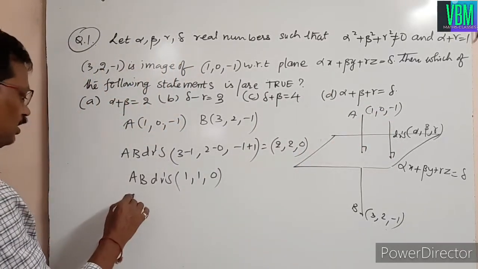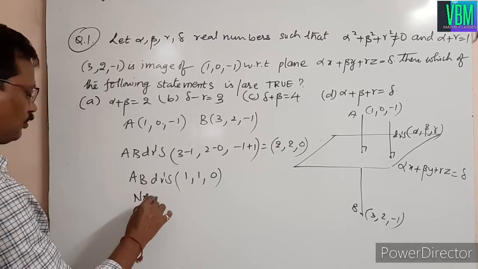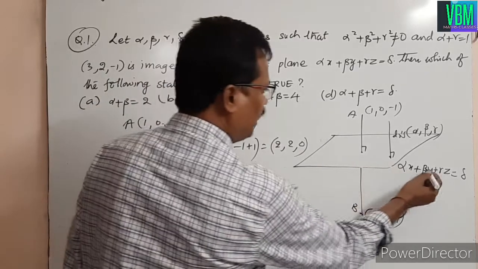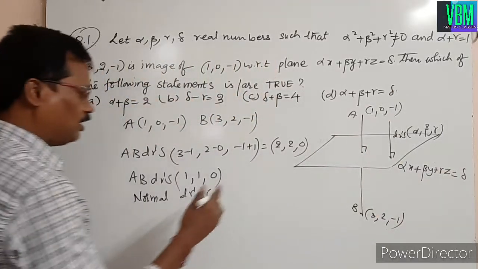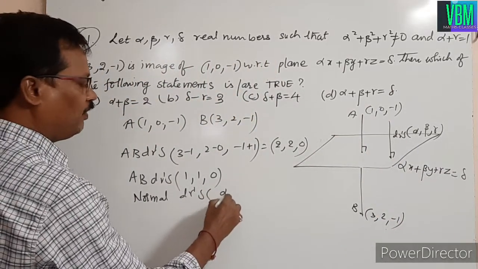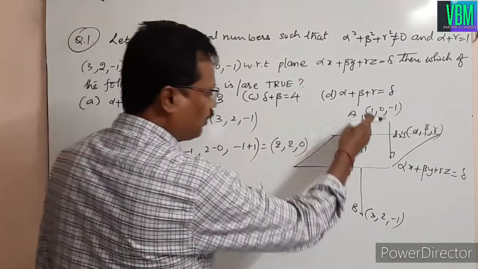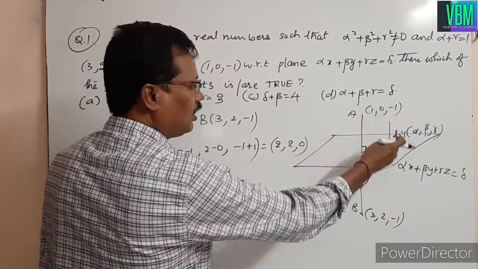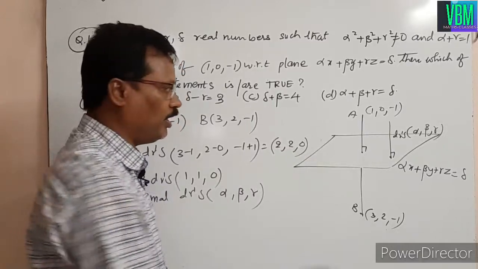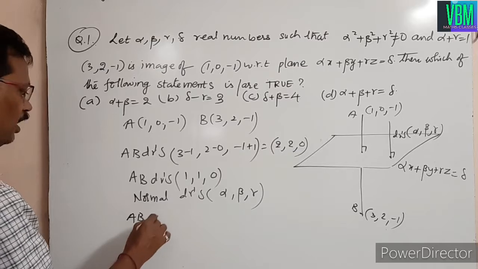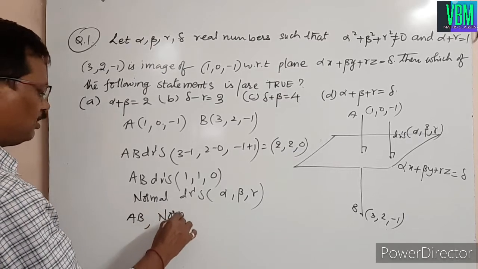Therefore, what about the normal DRs? The x, y, z coefficients are called the normal DRs. Normal DRs are alpha, beta, gamma. Now AB is perpendicular to the plane and the normal is also perpendicular to the plane. Therefore AB and the normal are parallel.